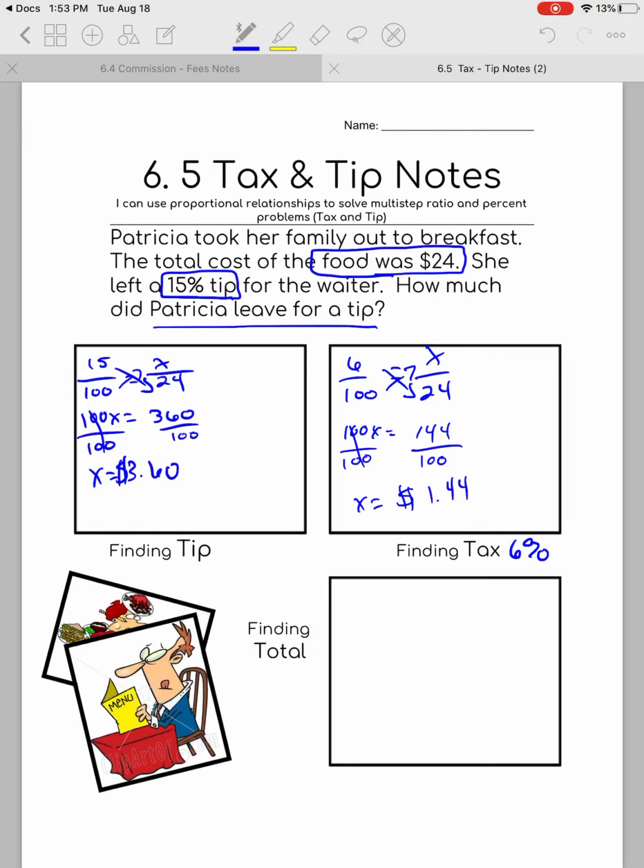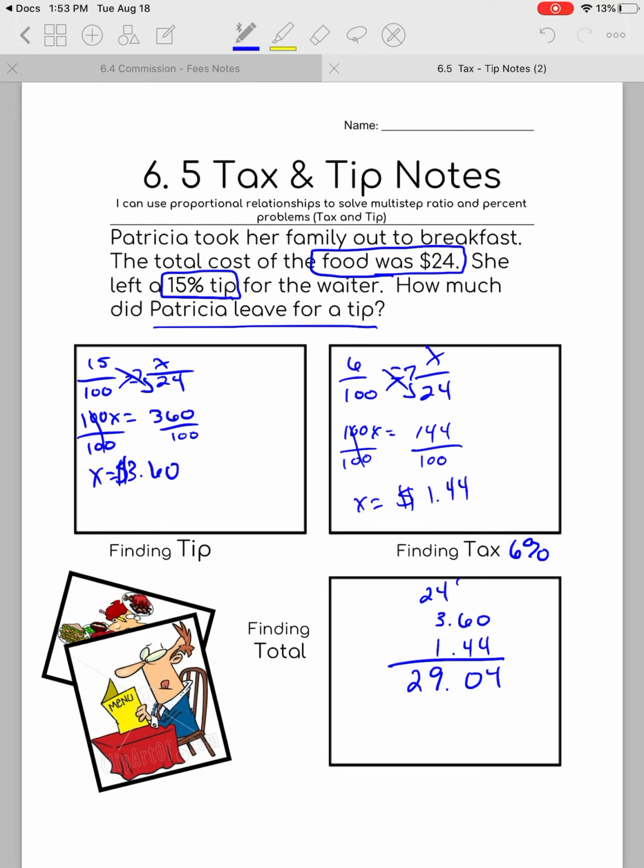So, the tip's $3.60. The tax is $1.44. And Patricia paid for $24 worth of food. What's the total bill? Find the total. So you need to take 24, and then you need to add $3.60, and you need to add $1.44. You're going to have 4, 0.